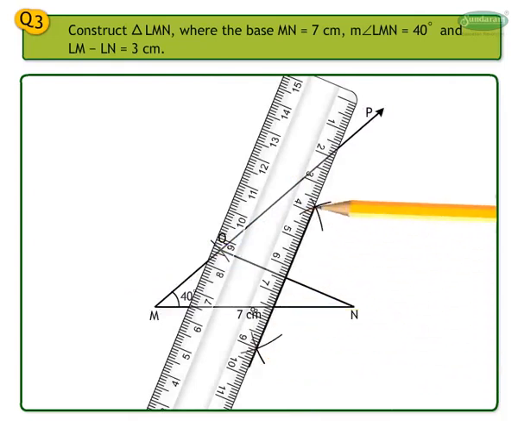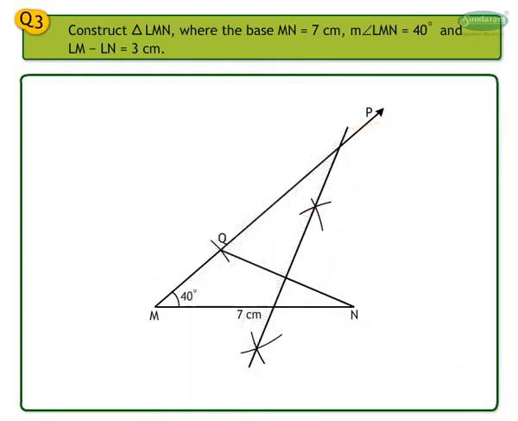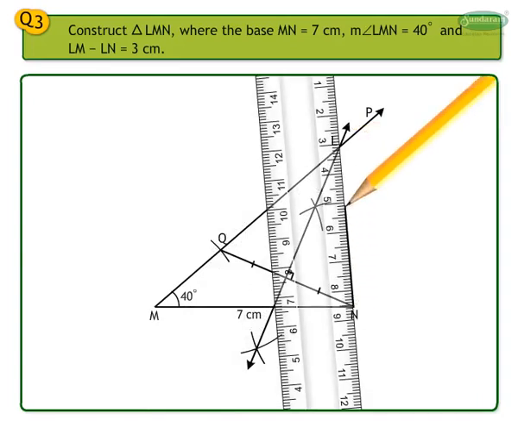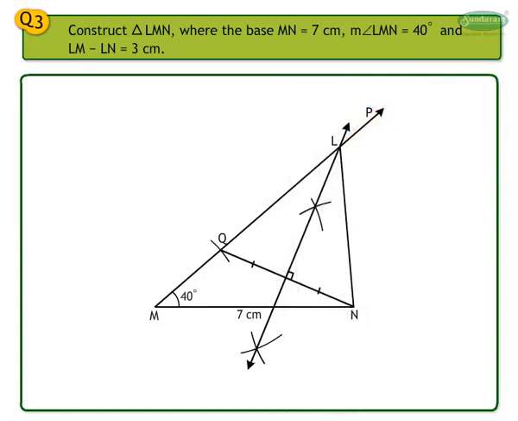Draw a line passing through these points of intersection. Let this perpendicular bisector intersect ray MP at point L. Join L, N. We have constructed the required triangle LMN.